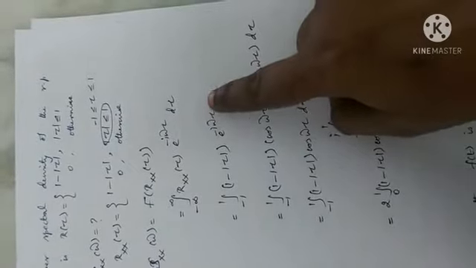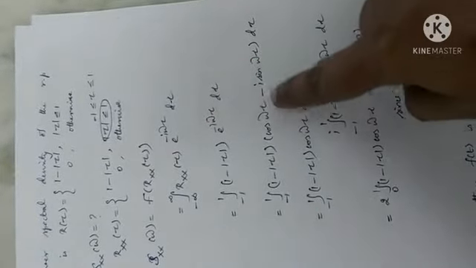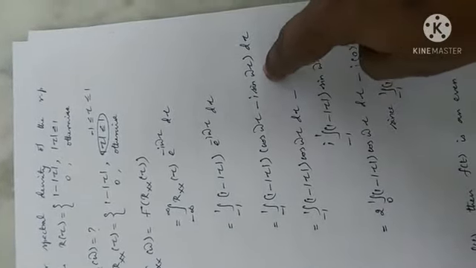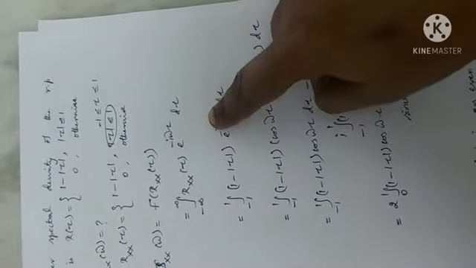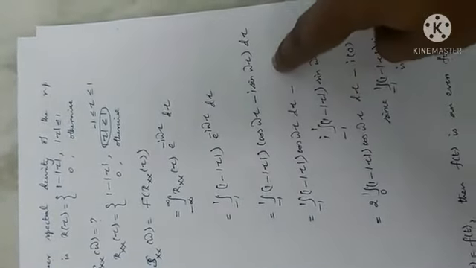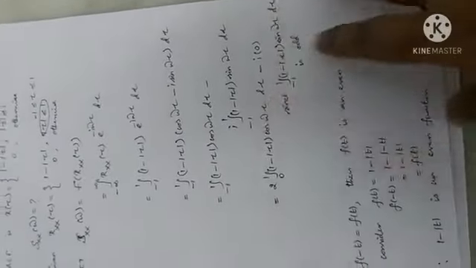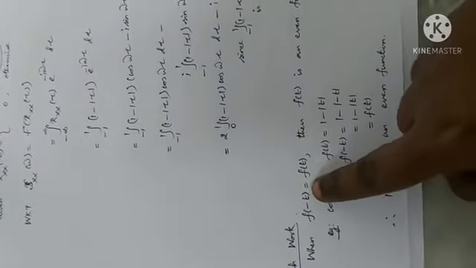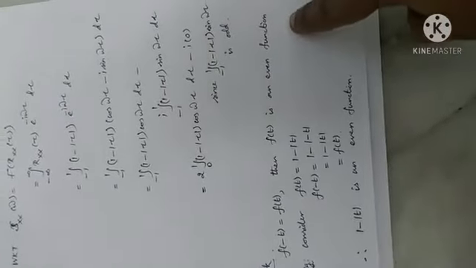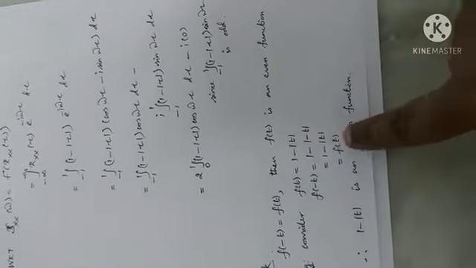Let us write e power minus i omega t as cos omega t minus i sin omega t. We know e power minus i theta is cos theta minus i sin theta. Let us split the integral into 2. Now listen here, we should go for rough work. We know when f of minus t is f of t, it is an even function. Example, take f of t as 1 minus mod t.